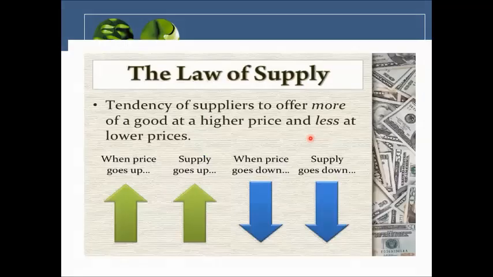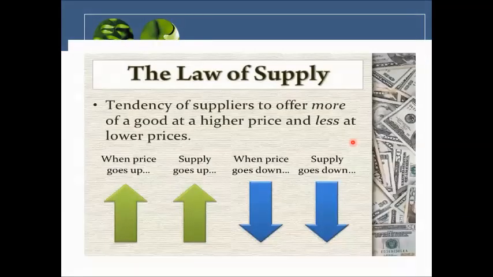If konti lang yung bumibili ng product na yon, because of the increase in prices, the supply of the product also nag-i-increase. Pero if madami yung demand ng product, because bumaba yung price, so nag-decrease din yung supply.